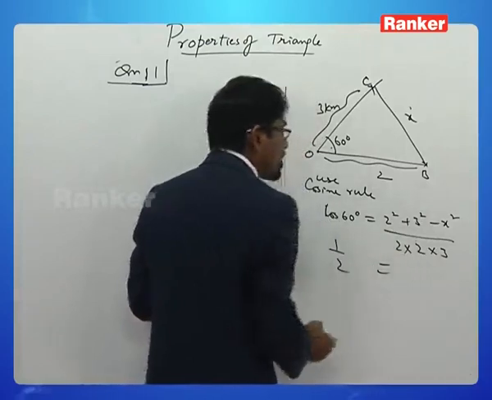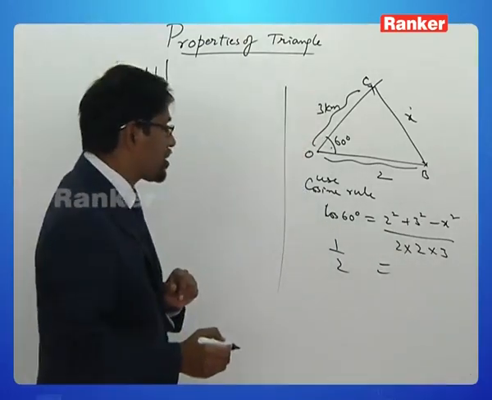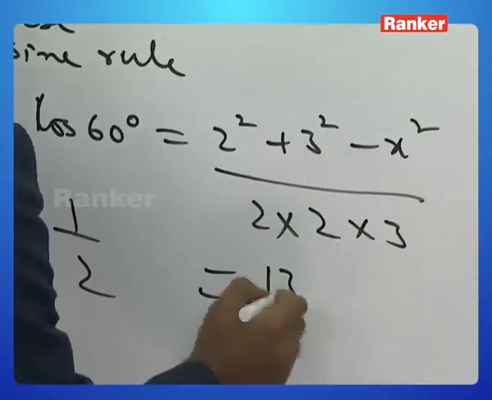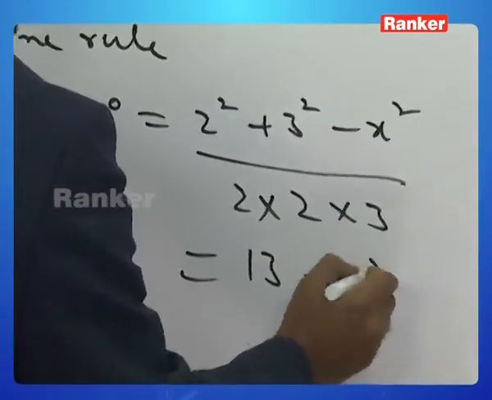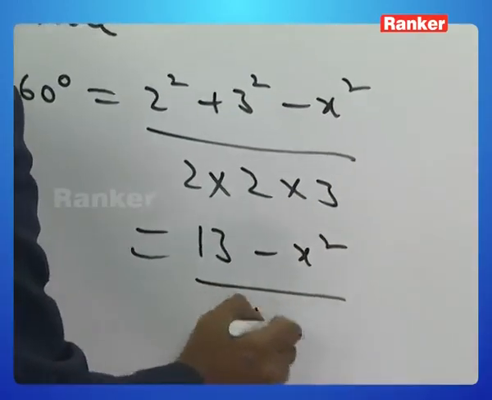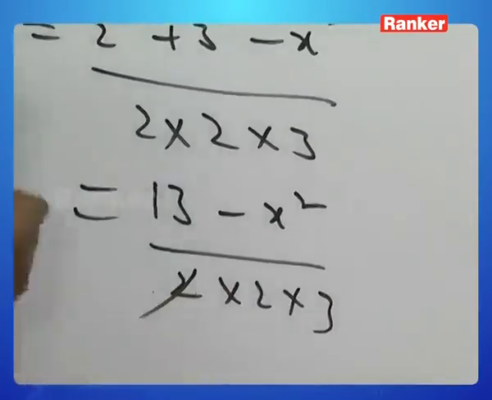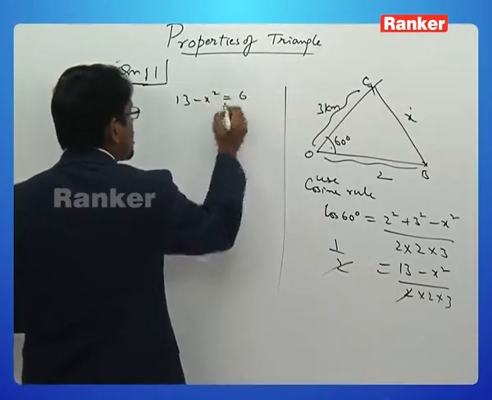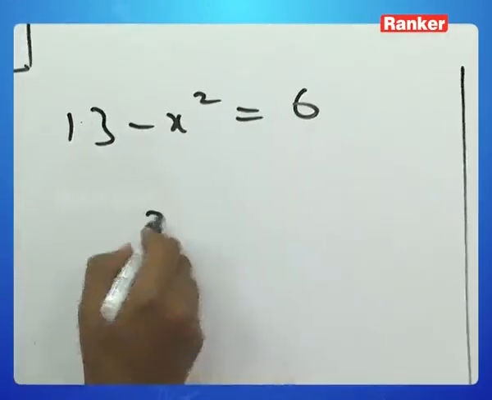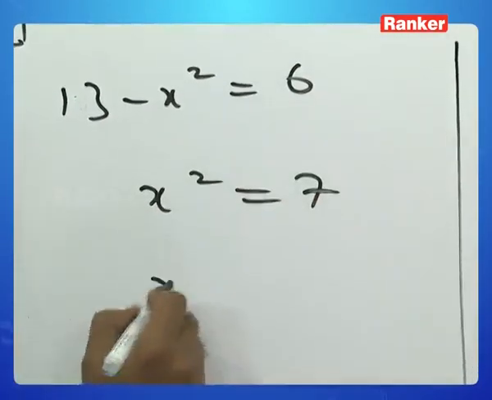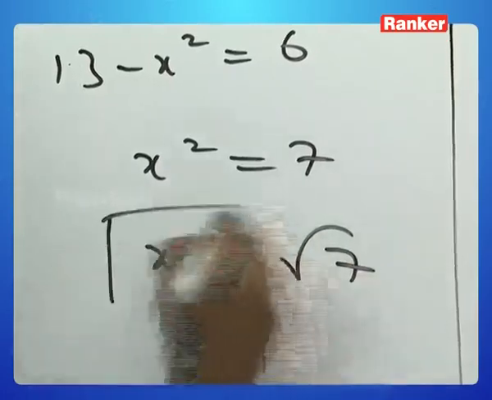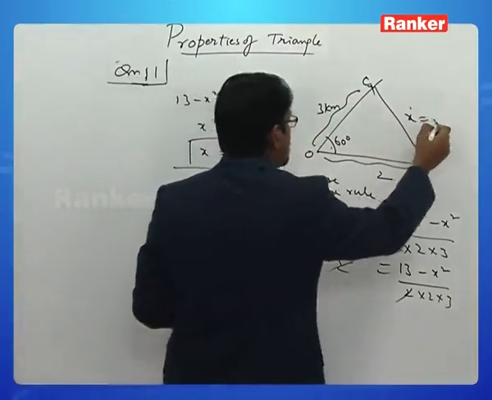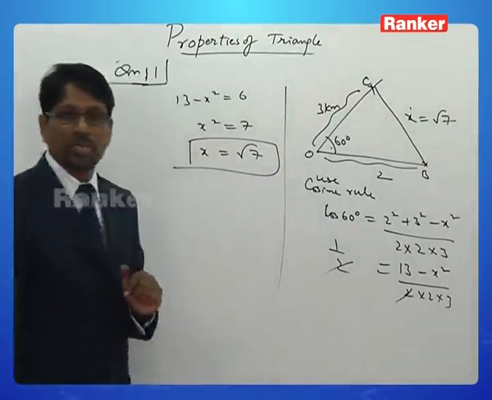So 2 square plus 3 square, that is 4 plus 9, 13. 13 minus x square is equal to 2 into 2 into 3. So the 2s will cancel and we have 13 minus x square equal to 6. So clearly x square is equal to 7, x will be root 7. So this side is root 7.